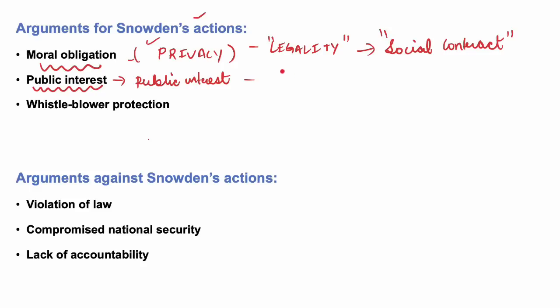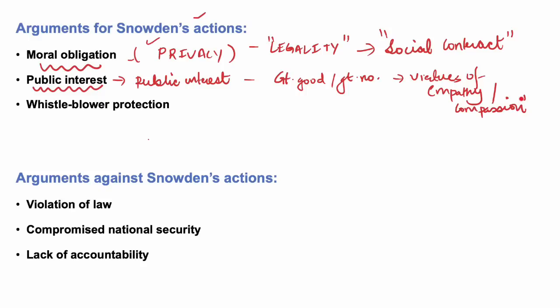And it also justifies the criteria of the greatest good of the greatest number. Also, this highlights that Edward Snowden, while exposing the government actions, was also guided by the values or virtues of empathy and compassion towards fellow citizens.